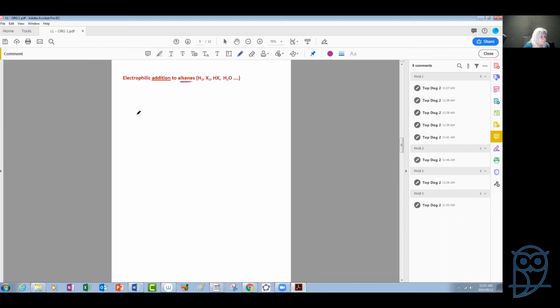All right. So we can start with what can we add to alkenes? We can start with an easy alkene, like ethene. That would be an ethene molecule.